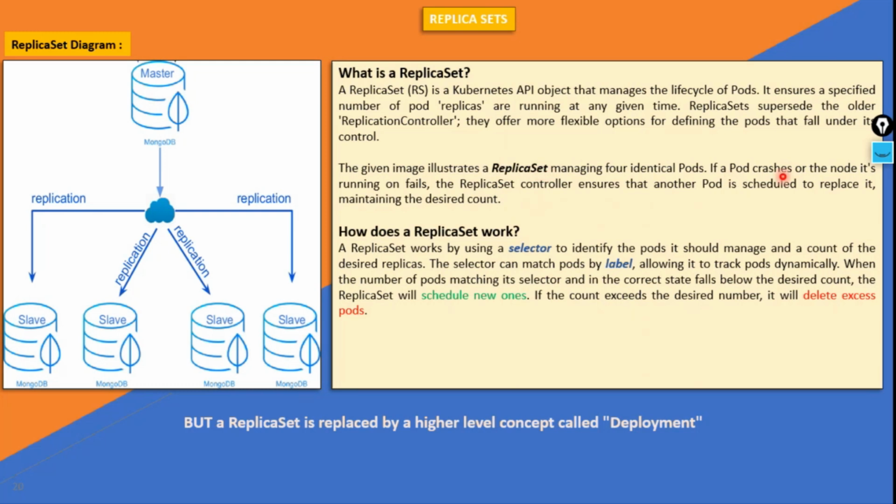If a pod crashes or the node it's running on fails, the replica set controller ensures that another pod is scheduled. And remember, who is the manager of that replica set controller?